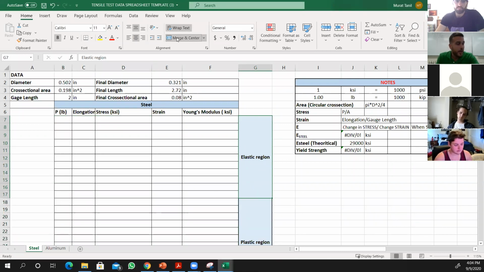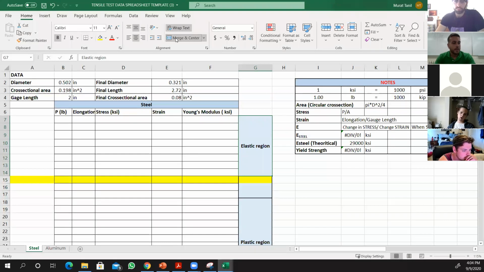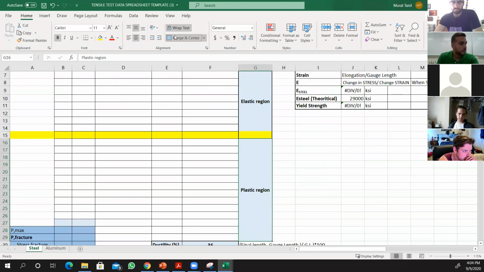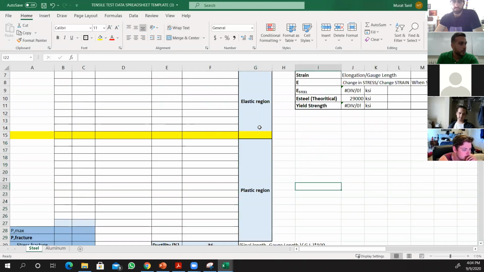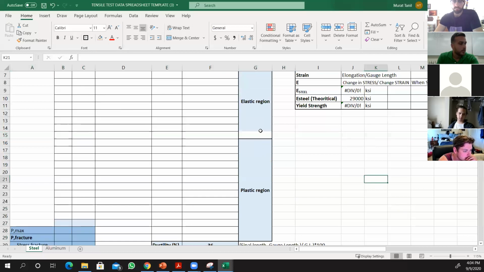If I click merge and center, and my elastic region ends right at this location that's highlighted here, I can merge it again. Now this is my elastic region. So I unmerge it, sorry, and merge it. Now take outside borders, and this is no fill.